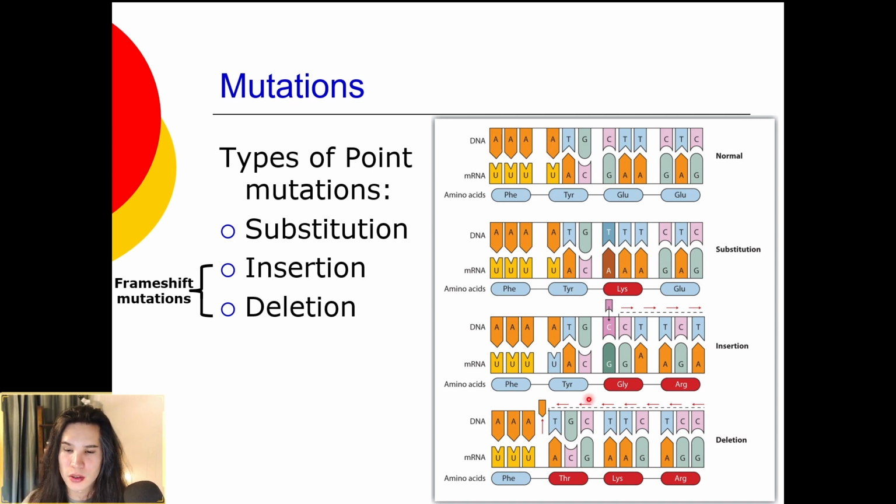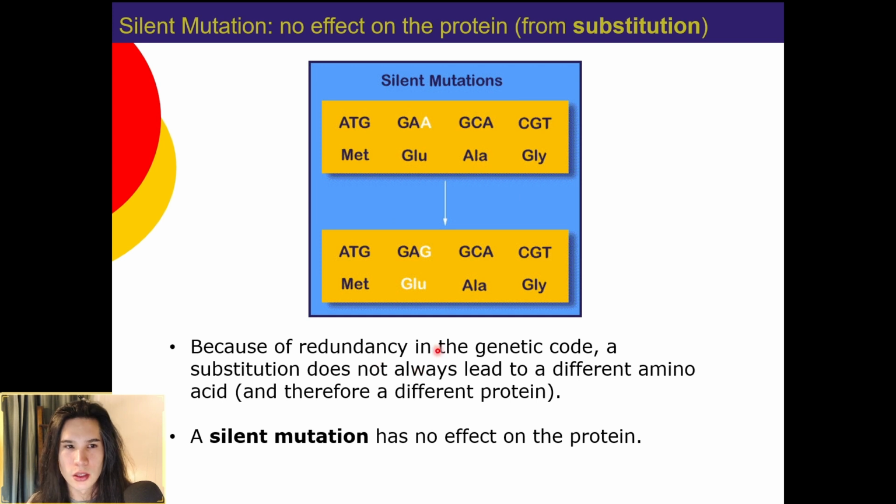So every codon after that deletion is affected, therefore leading to different amino acids. All these things labeled red are the different amino acids that are different from the initial. So these are detrimental. Your frame shift mutations are detrimental to the organism.